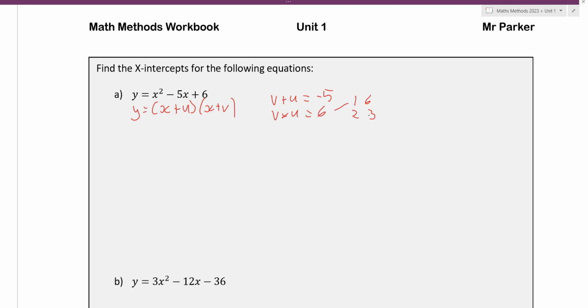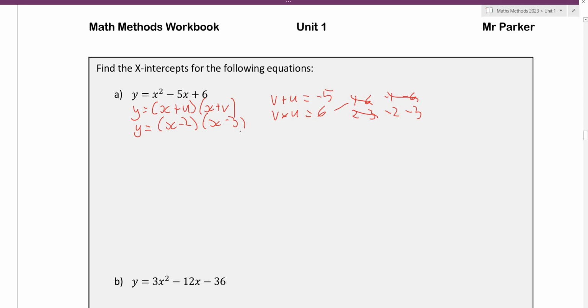So the negative versions of these will also work. -1, -6. So -1 plus -6 is -7, no good. -2, -3. Oh, they add to -5. So y equals x minus 2, x minus 3.